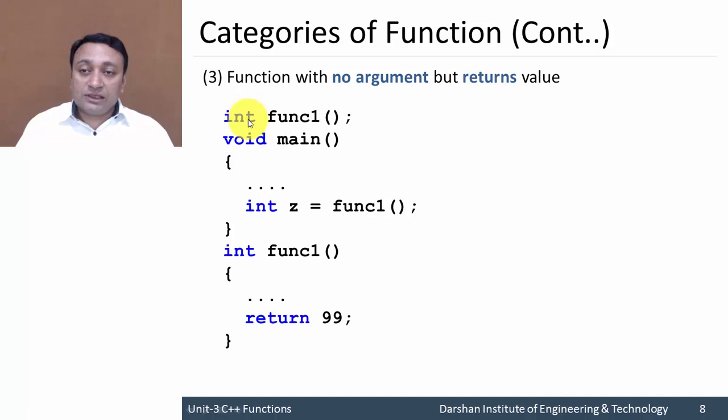It can be float, it can be character, it can be array, it can be pointer, it can be void also. So function 1 is returning value z. Here function 1 is called and it will return value 99 and it will be stored to z.